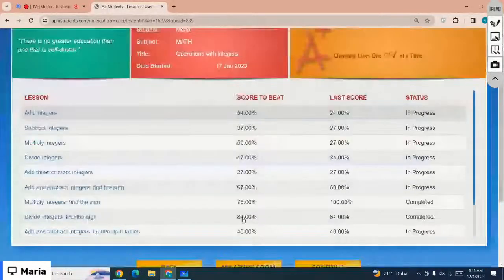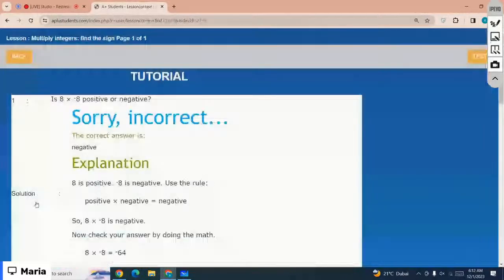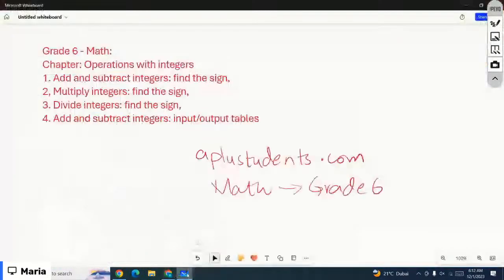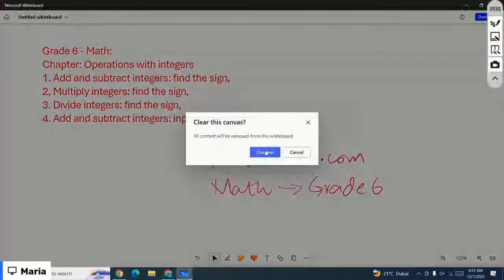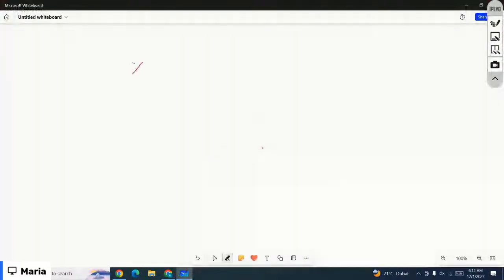Okay, the next one is multiply integers, find the sign. Let's just recall the rules for multiplying integers, right? If both the numbers have the same sign, the answer must be positive. Either they both are positive or they both are negative, the answer is positive.